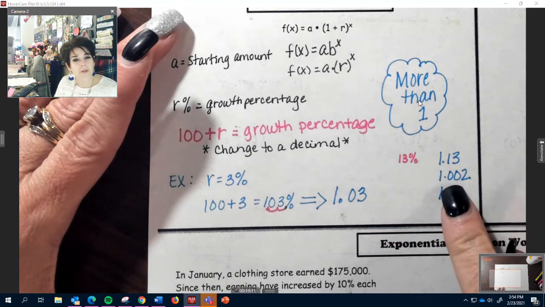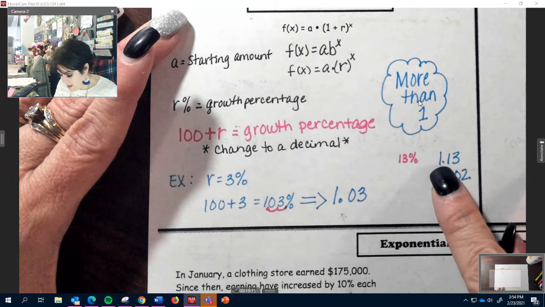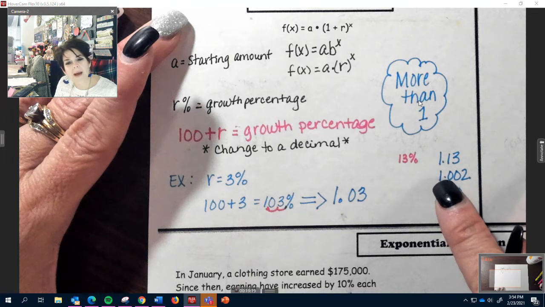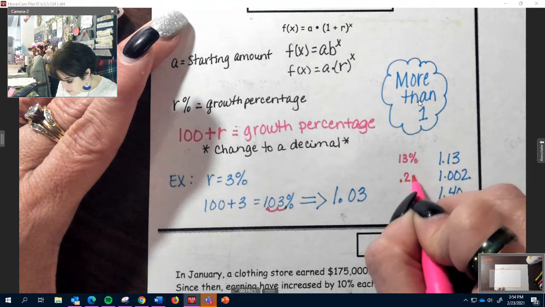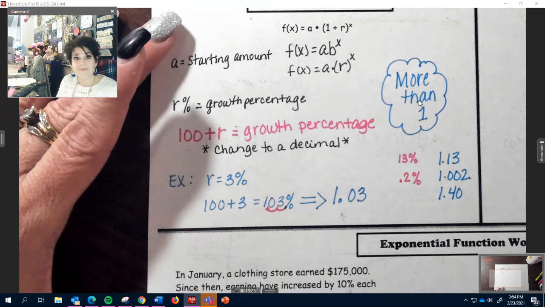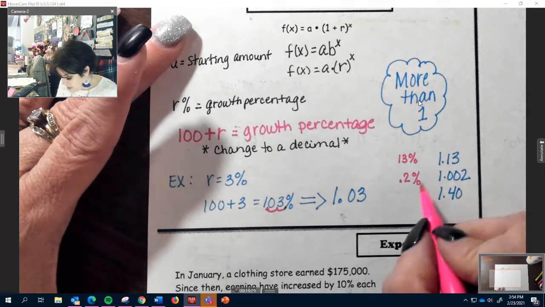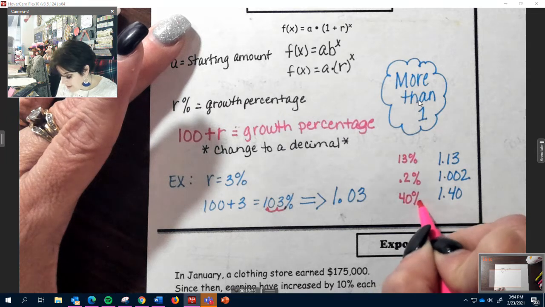How much over $1 is this? You got to be careful. Think about it. We had this one, you kind of moved it back 2 when you saw it was 13. If you move this one back 1, 2, this would be 0.2% growth. That one's a little tricky. This one, we're 40 over, so this would be a 40% growth.